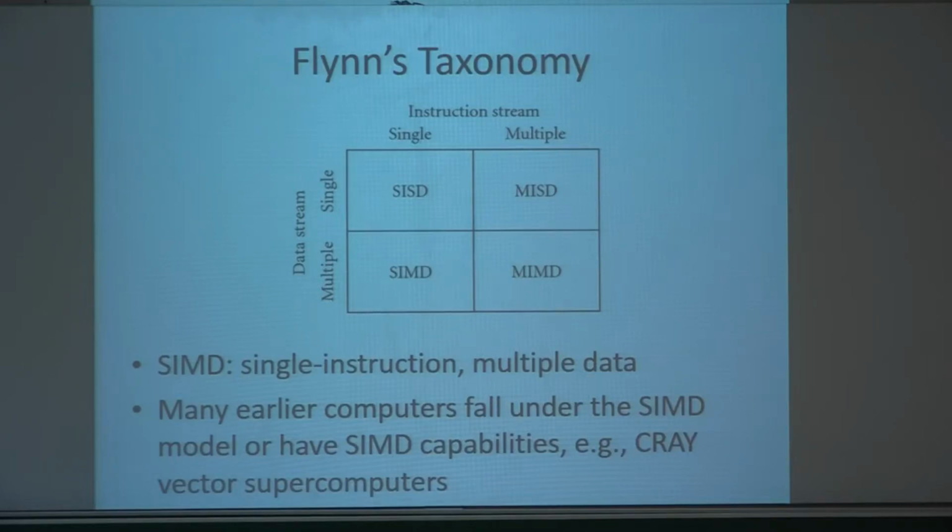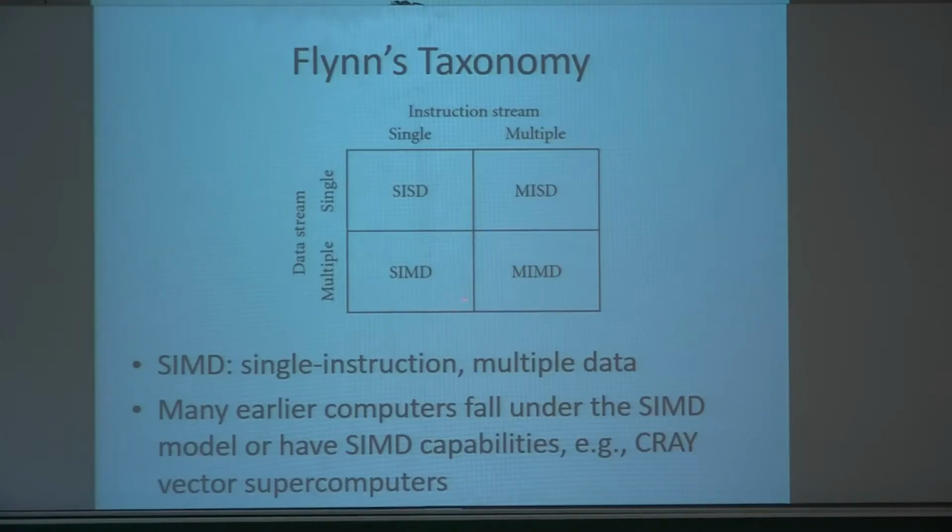So the simplest concept is you have a single stream of data and a single stream of instructions acting on that data, and that's called single instruction, single data, or SISD. And then at the other extreme, you have multiple streams of data and multiple instructions, like multiple programs operating on these multiple streams of data, and that's called MIMD.